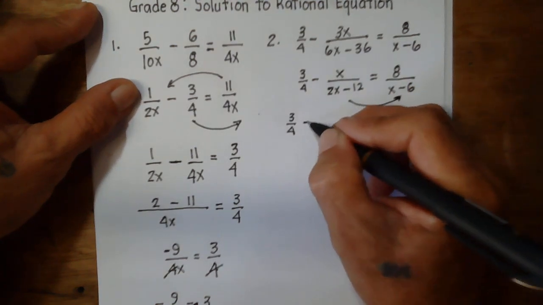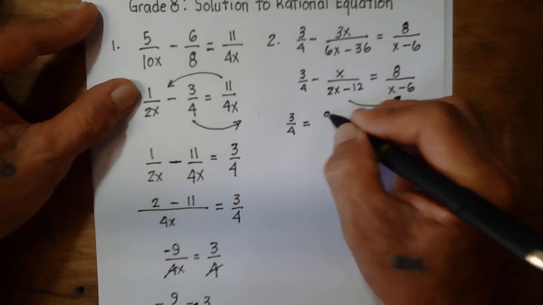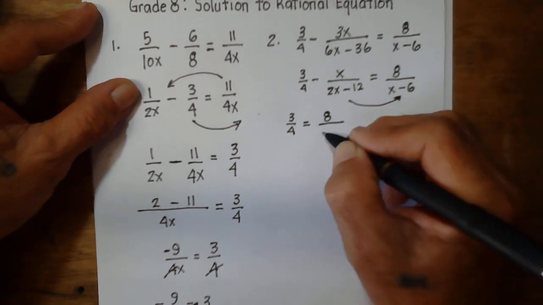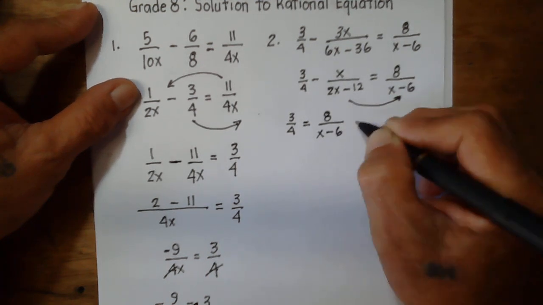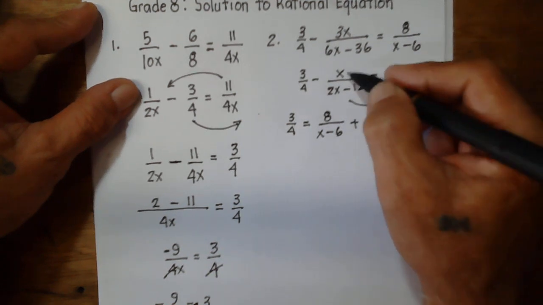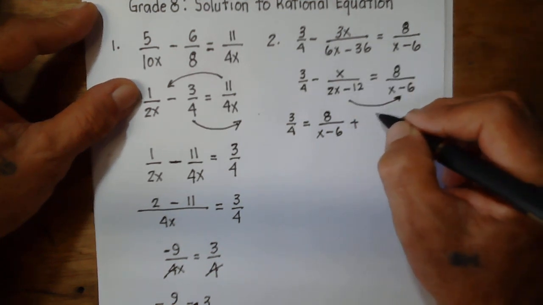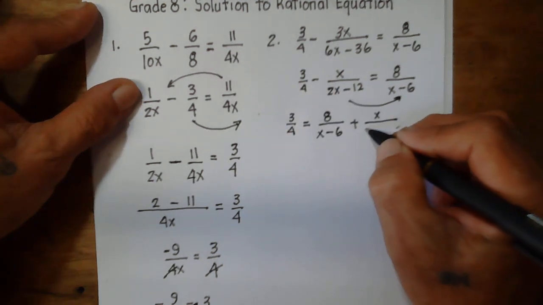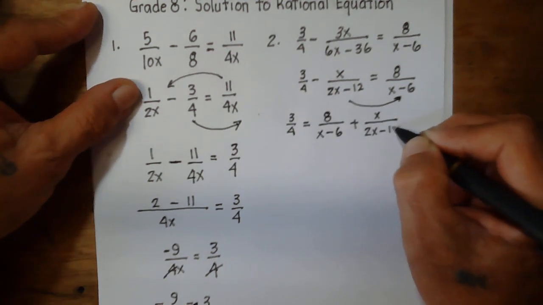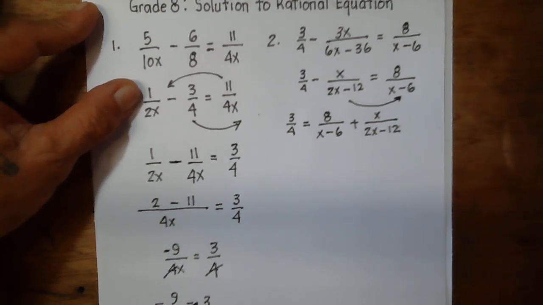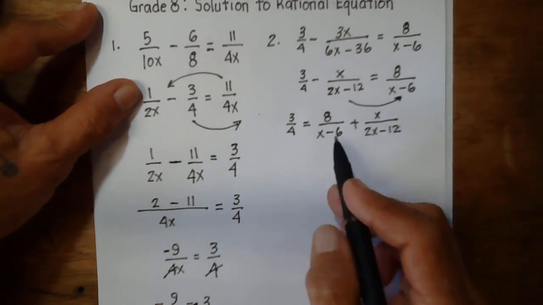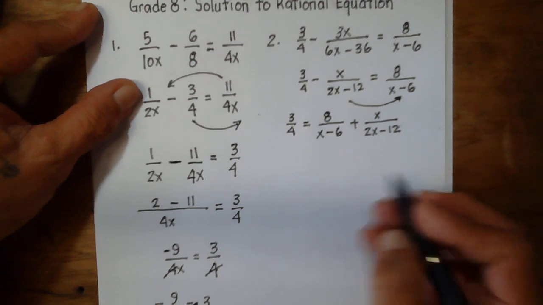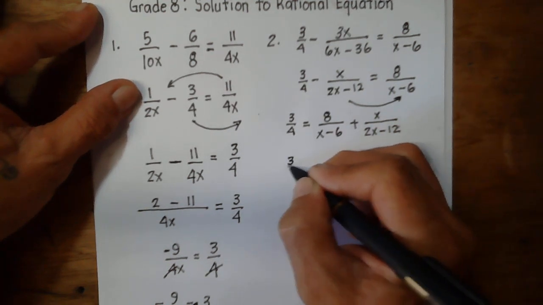So we have 3/4 is equal to 8 over x minus 6, and this term becomes positive because it is moved to the right side of the equation, x over 2x minus 12. Okay, now we need to combine these two terms by finding the LCD.